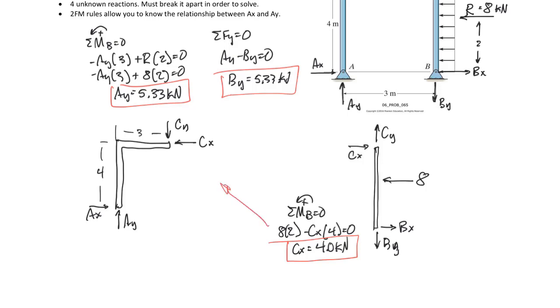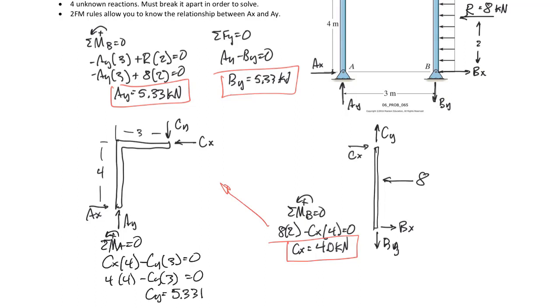So I'm going to plug it in over here on this free body diagram. If I sum the moments about A equal to 0, I have CX times 4 minus CY times 3 is equal to 0. If CX is equal to 4, I can solve for CY is equal to 5.33 kilonewtons.